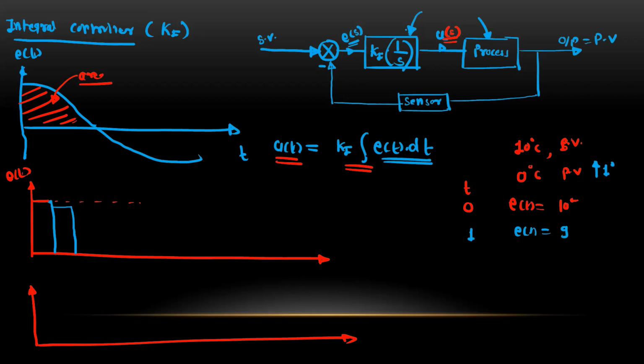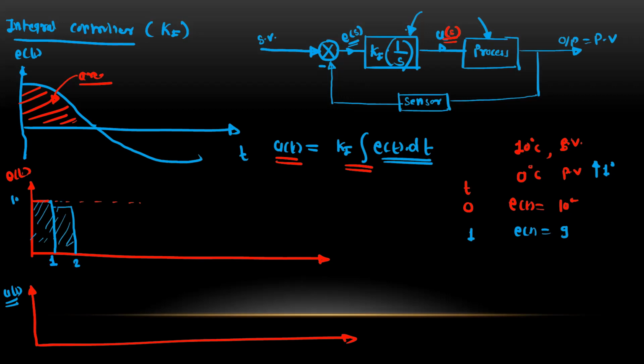So this controller will integrate this. Basically it will try to find out this complete area, and then it will generate the controlled output, that is u of t. Suppose this is 1 second, this is 2 seconds. Initially we have the error 10, then it becomes 9.